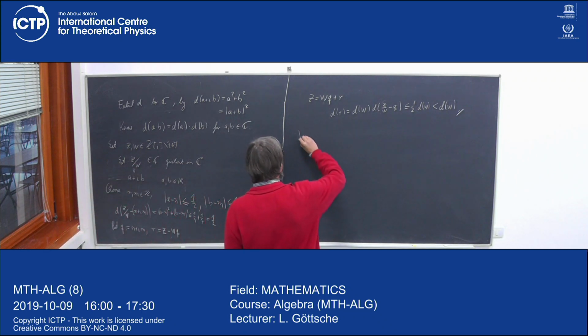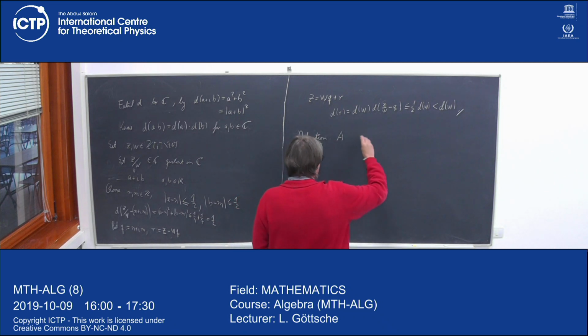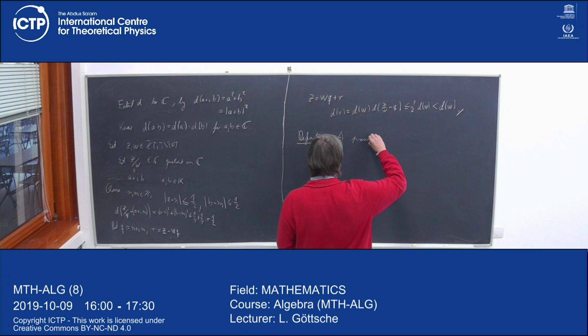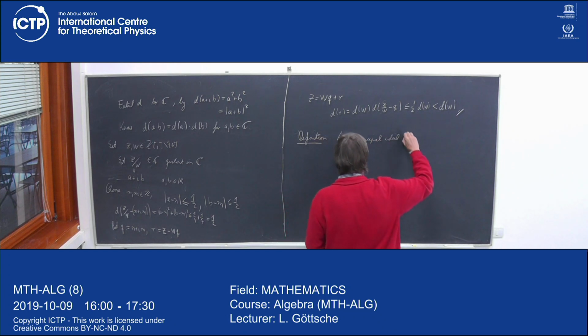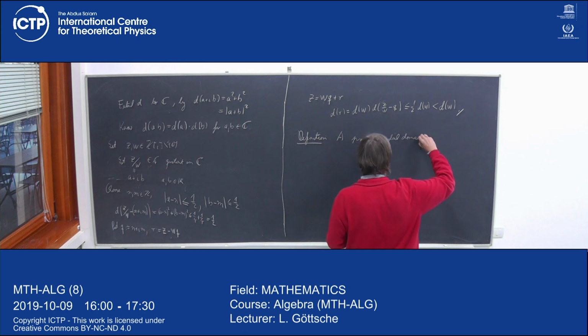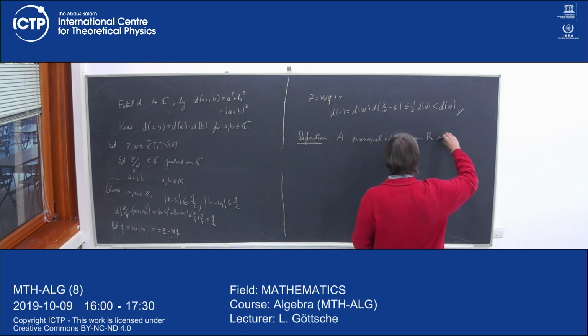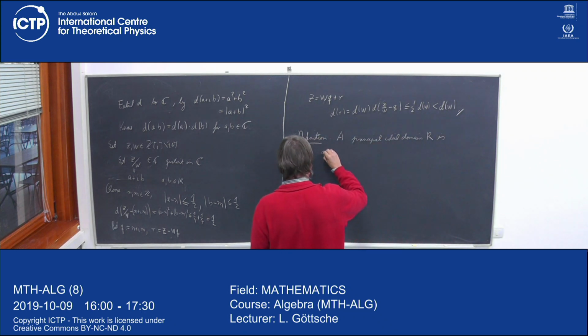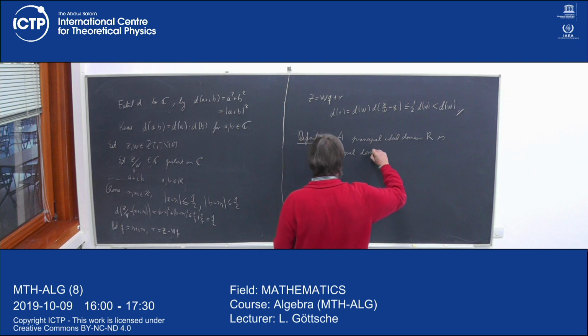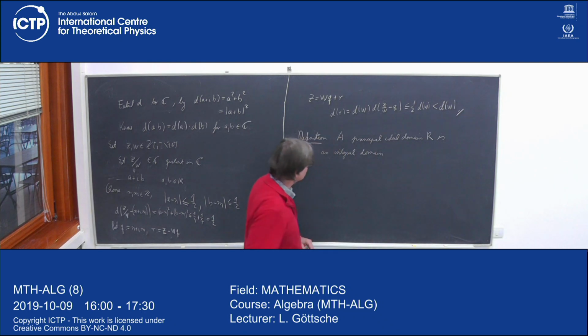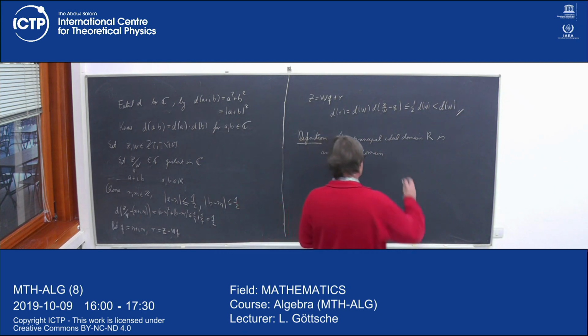So, definition. A principal ideal domain R is an integral domain in which every ideal is principal.